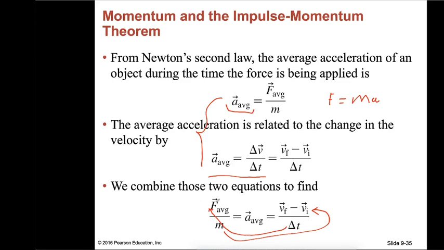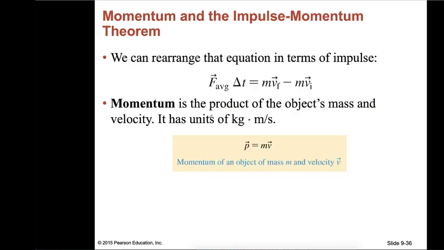You will get delta t times F average, and on the right side you will have m times v final minus vi. Then you can rearrange the equation and you get this equation. And here, first, what's that? Do you remember? That's impulse, force times duration time.